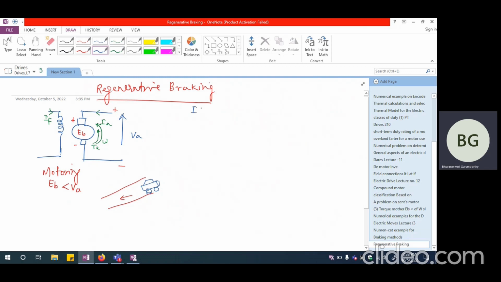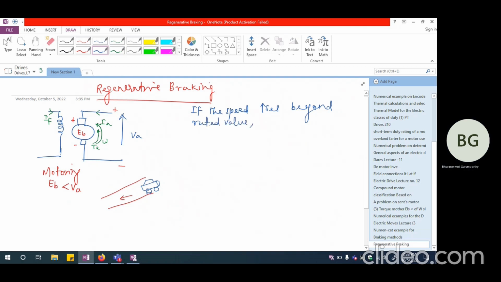If the speed increases beyond the rated value, then EB can become greater than VA.